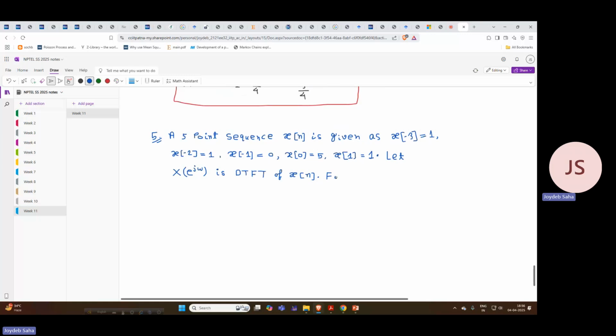Find the value of the integral from minus pi to pi of X of e to the power j omega d omega.